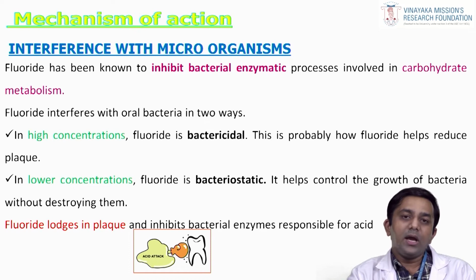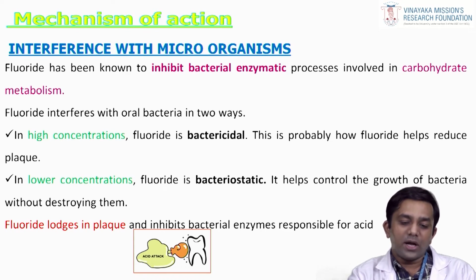Later, if the patient is not following oral hygiene practices, there is plaque maturation and secondary colonization by other organisms like Streptococcus acidophilus. In this way demineralization occurs due to the acids produced in the oral cavity.